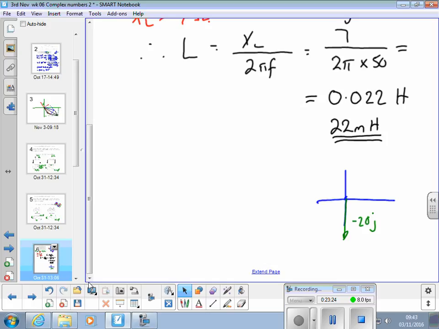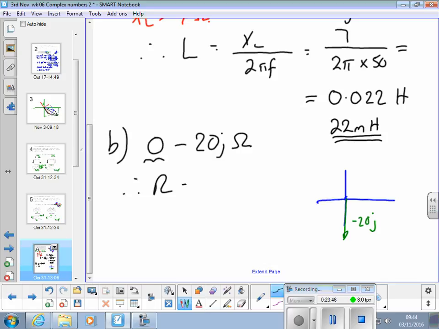So the impedance is 0 minus 20j ohms. Therefore R is equal to nothing. There is no resistance. It's not possible to build that circuit, ever.